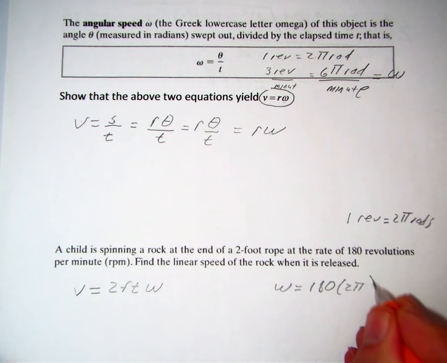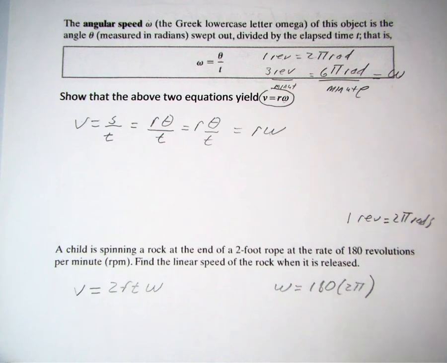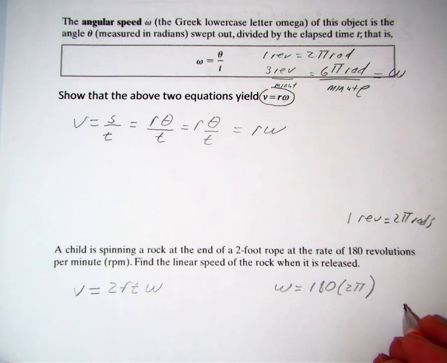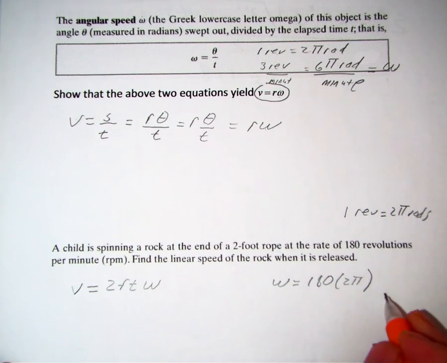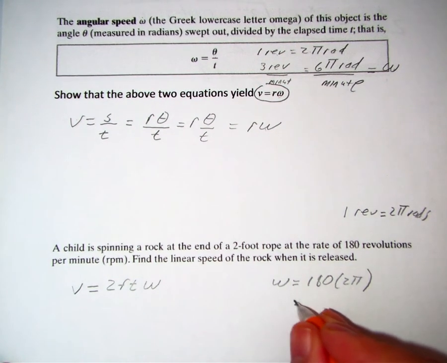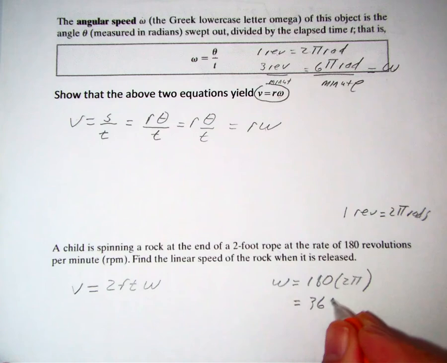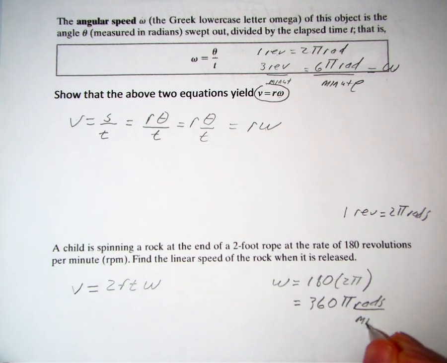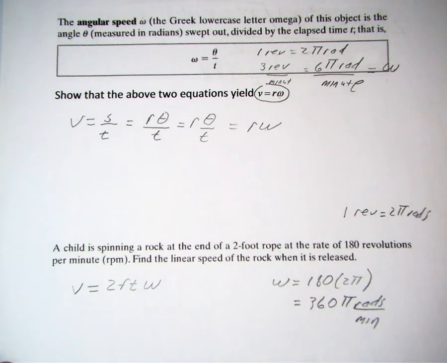And y'all, you can drop the rads. It's dimensionless, like I told you last time. So this is equal to 360 pi. And y'all, that's rads per minute. I should have been writing that in above, but we'll just leave it like that, okay?